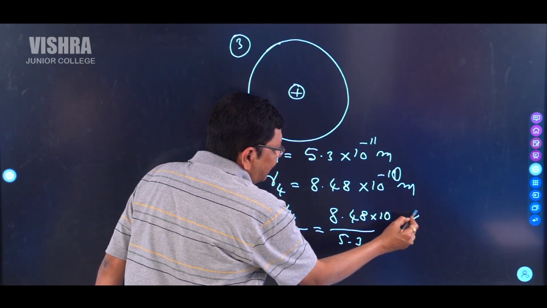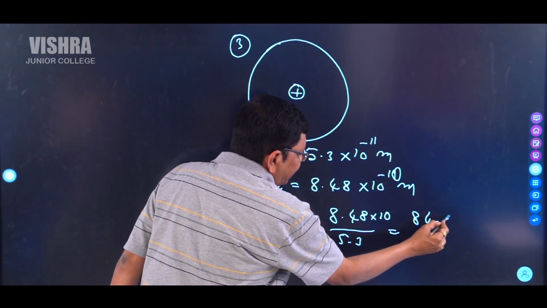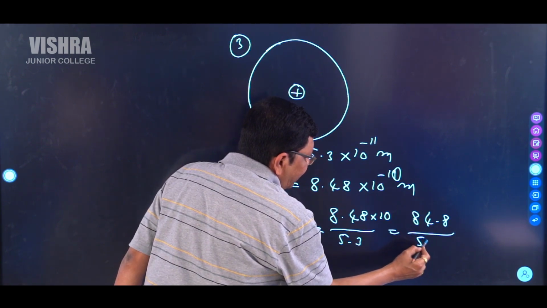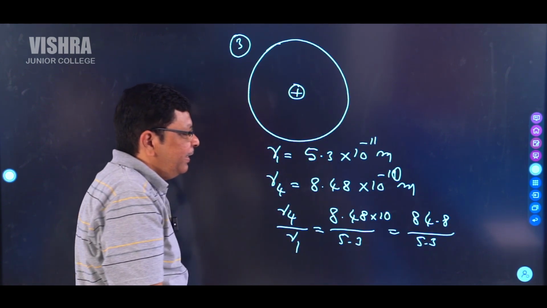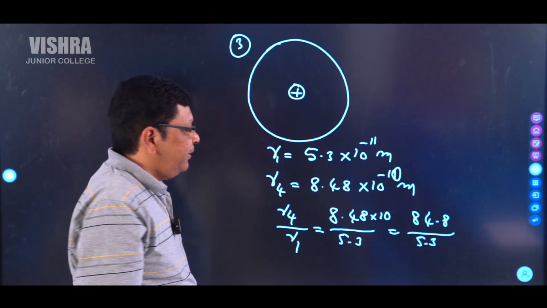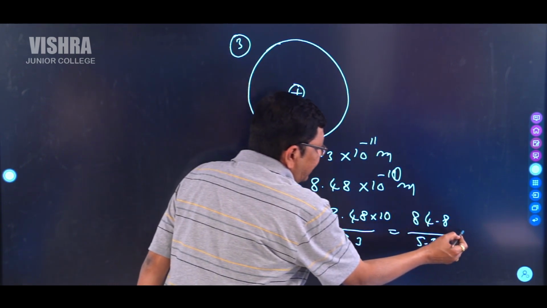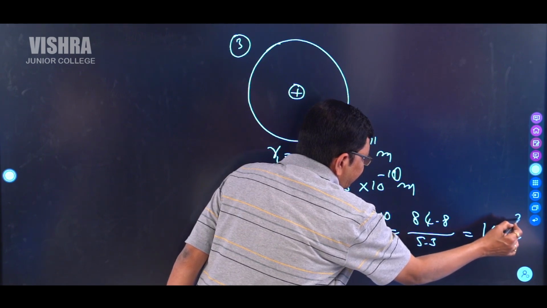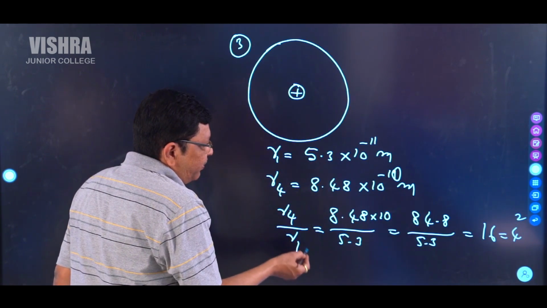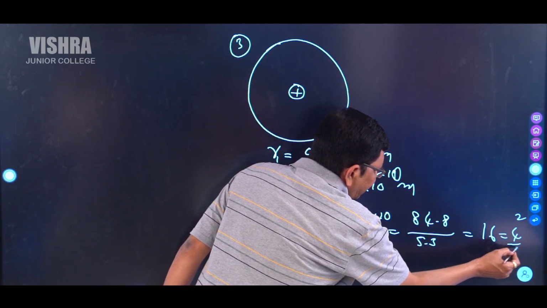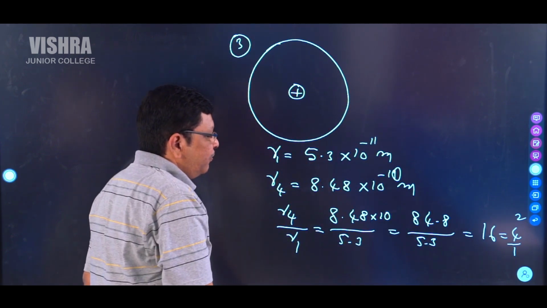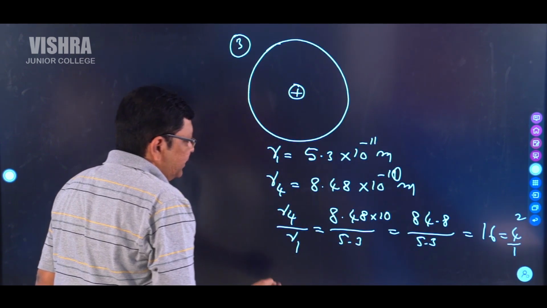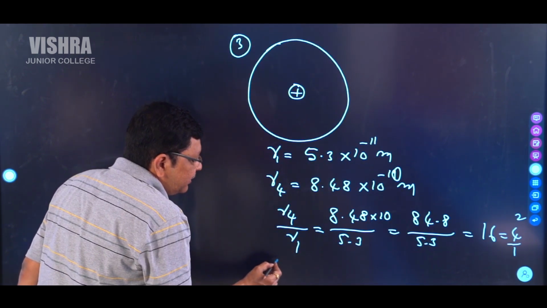So we can write it as 84.8 divided by 5.3. Nearly 5 16s are 80. So it is approximately equal to 16. 16 means 4 square. That is r power 4 by r power 1, we can write it as 4 upon 1 whole square. So from this we can say that 4 is the fourth orbit.